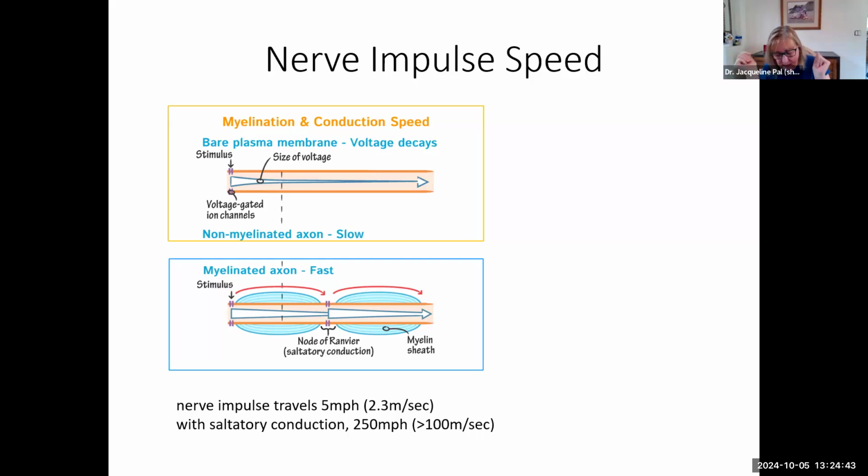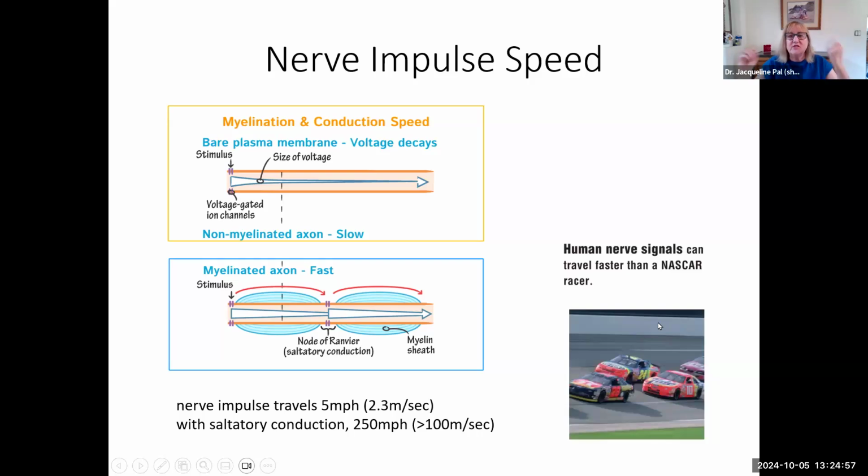You want to be off in a nanosecond. But with saltatory conduction, instead of going 5 miles an hour, it can then travel 250 miles an hour, or over 100 meters a second, faster than a NASCAR racer. So that myelin sheath is super important.